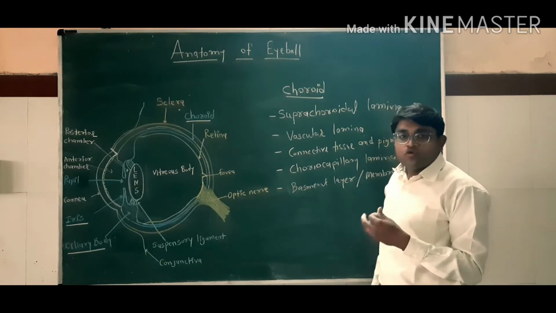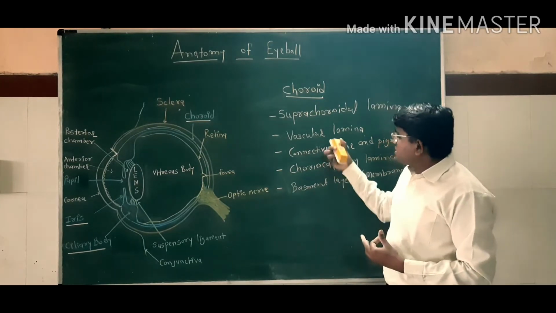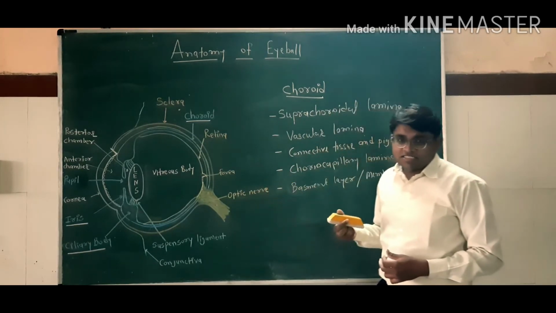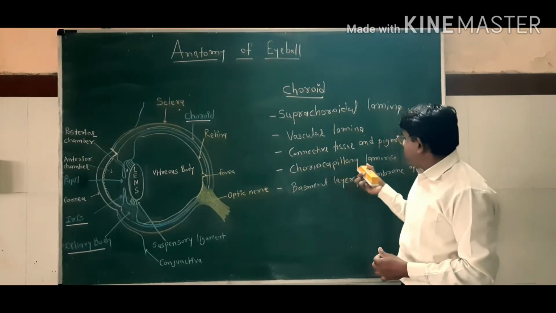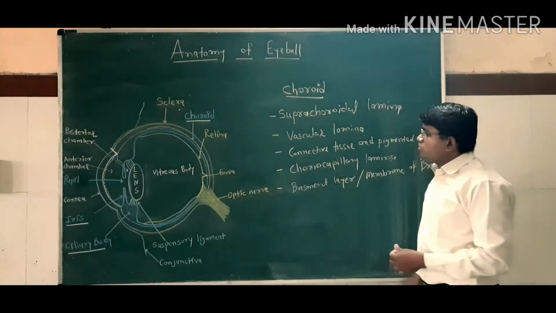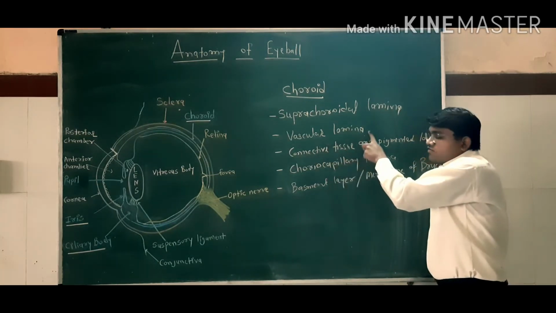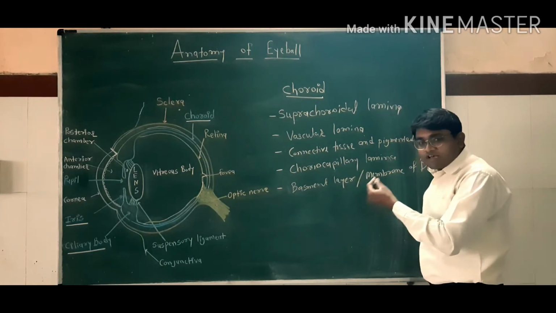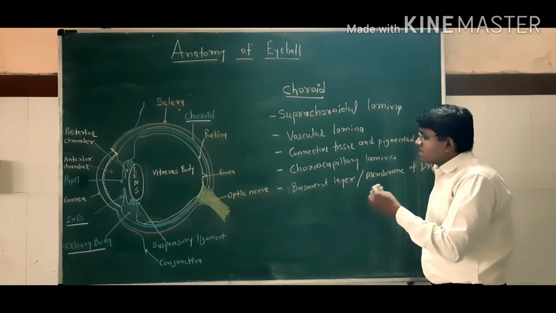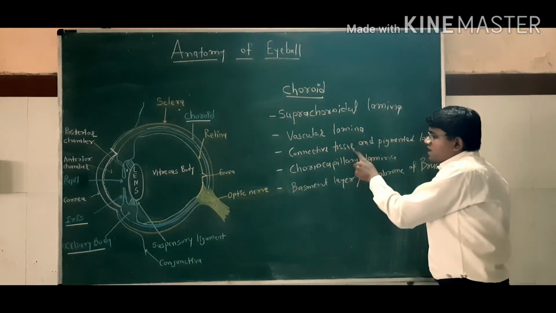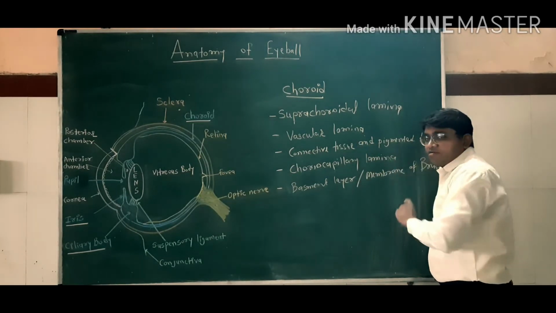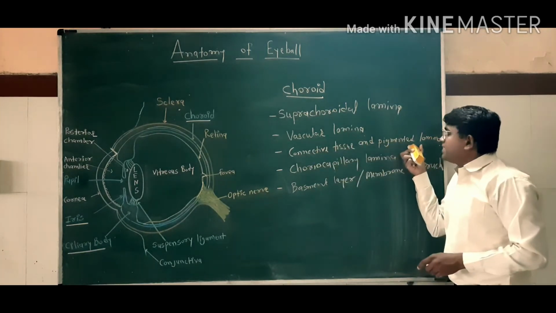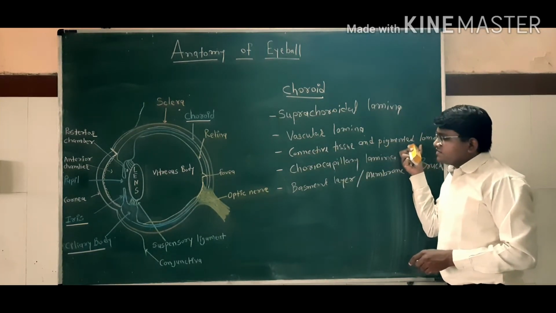So that's why in this layer there are many vessels and their capillaries. The second layer is formed by the vascular lamina, where the small vessels, the arteries and veins, are present. Then after that there is the connective tissue and pigmented layer. The connective tissue is present in this layer and the pigments are also present in this layer.